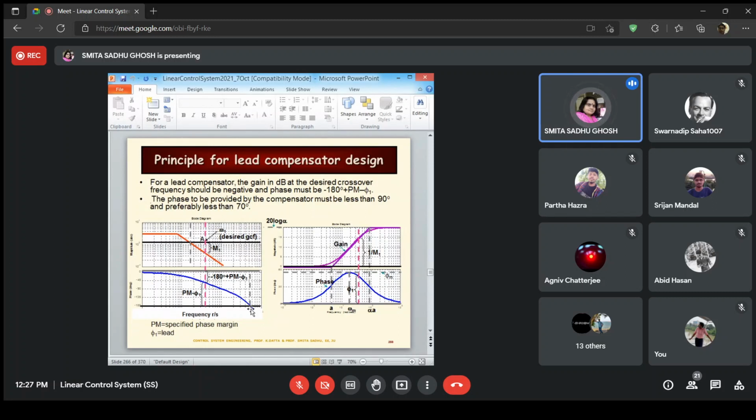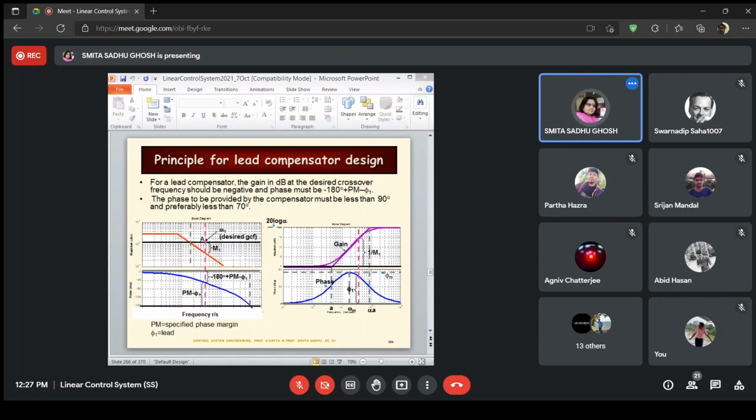Now I can look at my uncompensated system phase plot, right? There is a phase margin requirement which is going to be specified as per the problem. This method that we are studying is valid if the phase margin requirement is specified. So I would have to look at the phase plot and see how much the difference of the phase for the uncompensated system from minus 180 degrees is at each frequency.